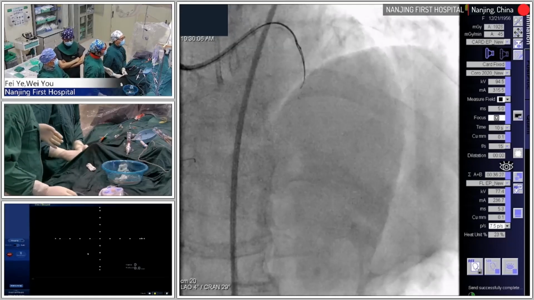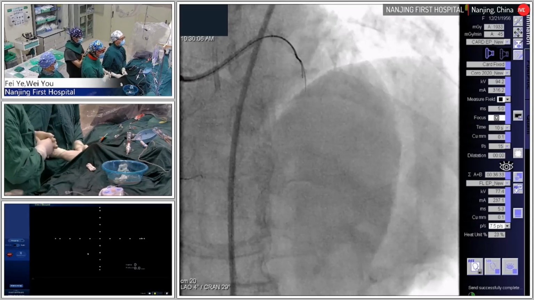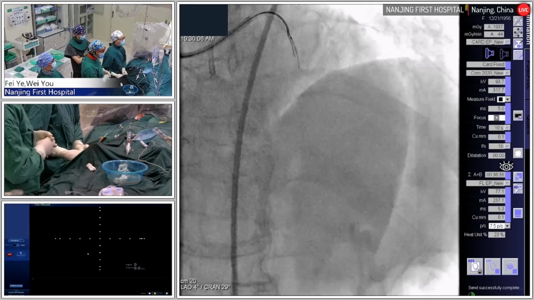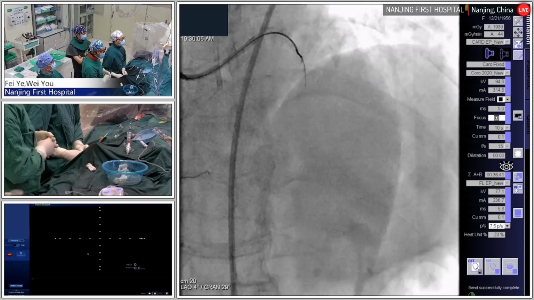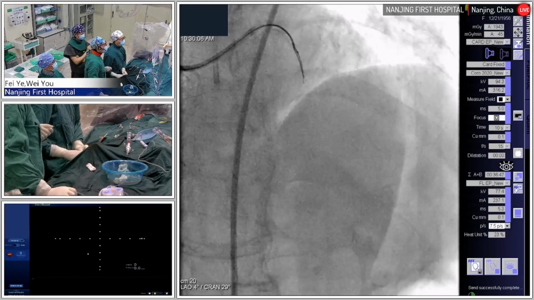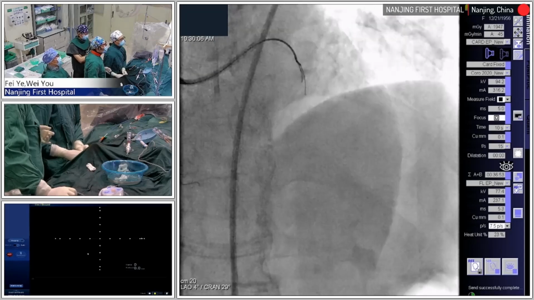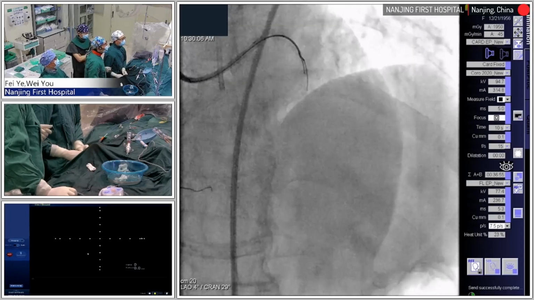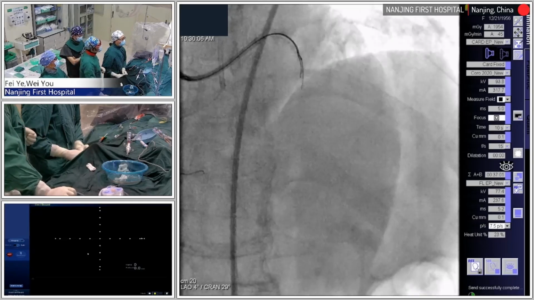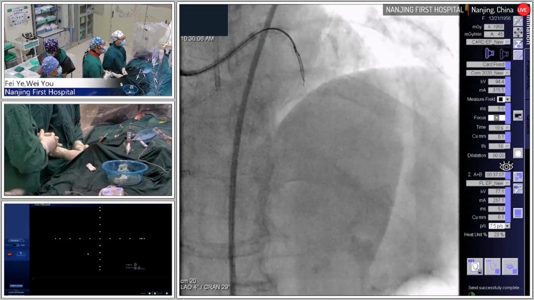If we perform PCI with a retrograde wire tactic, we should pay attention to the ischemic risk of the LAD from the retrograde wire, just because we perform PCI with wire and microcatheter in the retrograde collateral. Right, because I think the antegrade axial plaque space expanded before the parallel wiring, so maybe antegrade will not work.